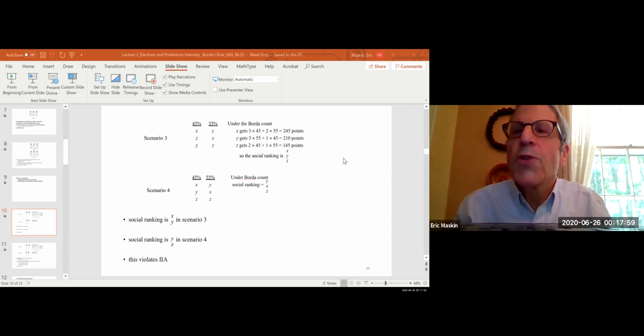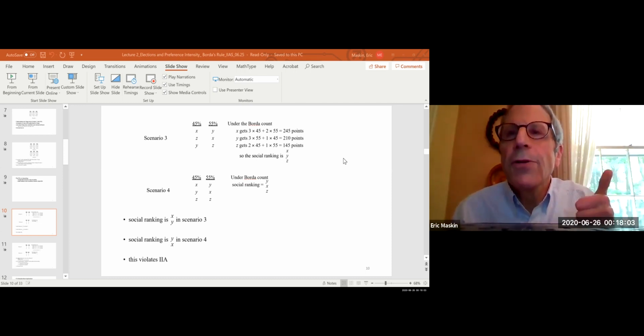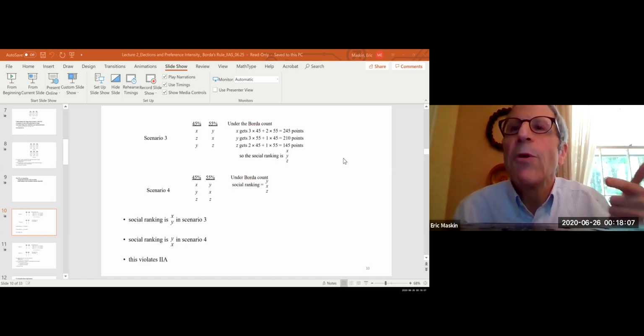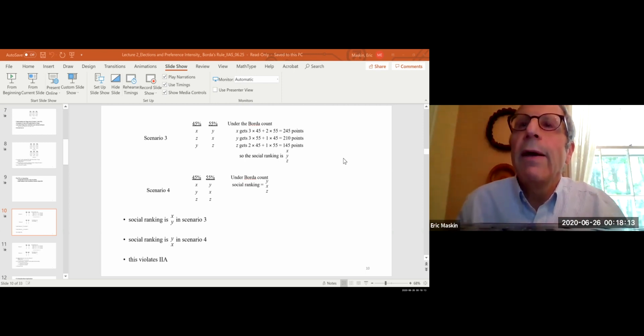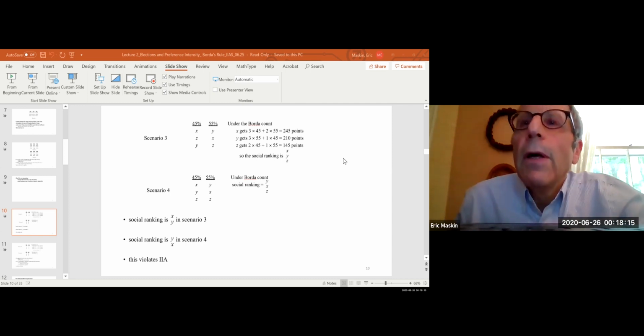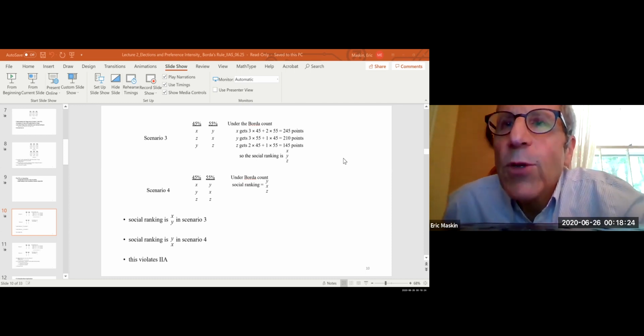Robbins started a reaction against cardinal utility and also against interpersonal comparability of utility, because he said in both cases there is no scientific experiment we could perform to validate these comparisons.